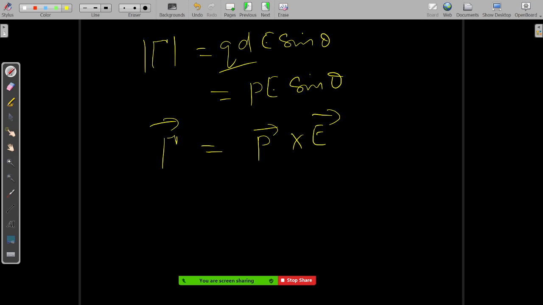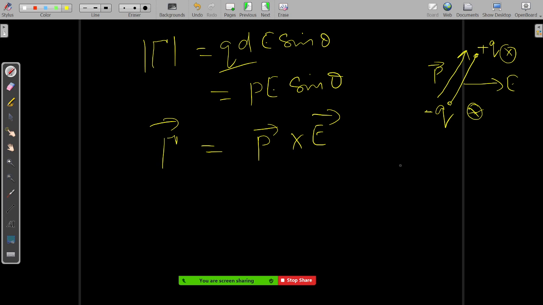How is it so? This was a negative charge and this was a positive charge, and this was our electric field direction. We saw that the torque direction is this way. What is the direction of P?